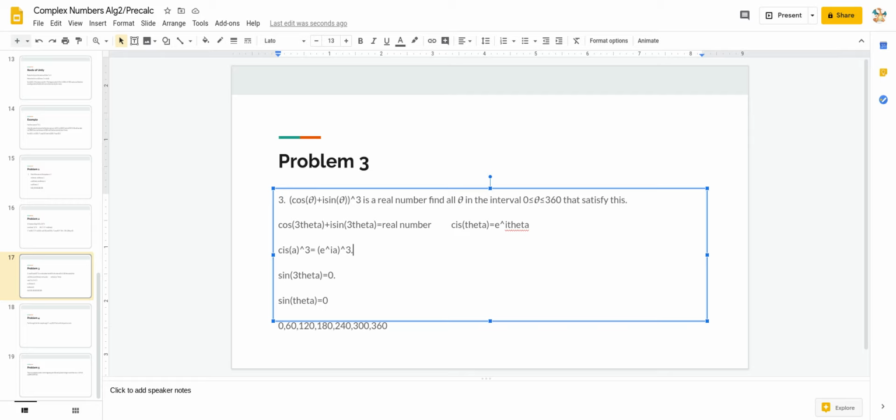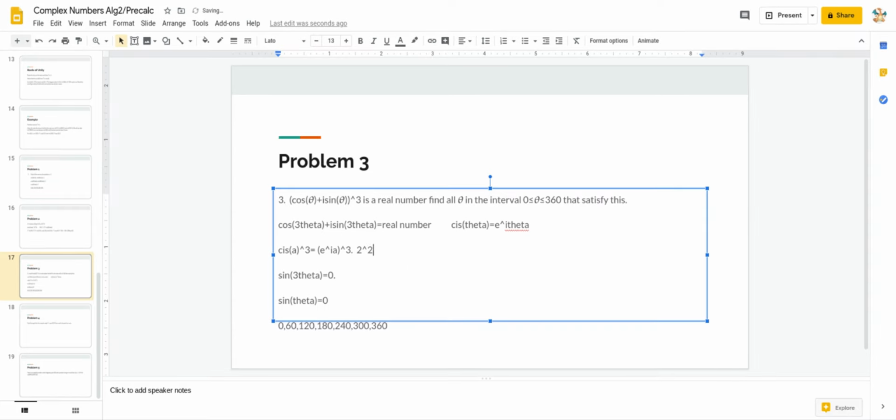Oh yeah, you can also prove that cosine theta plus i sine theta to the power n is cosine n theta plus i sine n theta, using the sine a plus b stuff, but I won't do that. So you get that, right? So e to the i theta to the power 3 is e to the i theta times e to the i theta times e to the i theta.